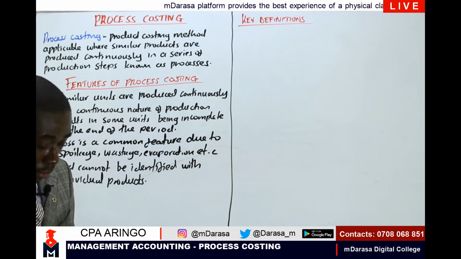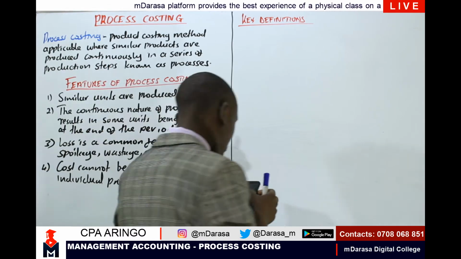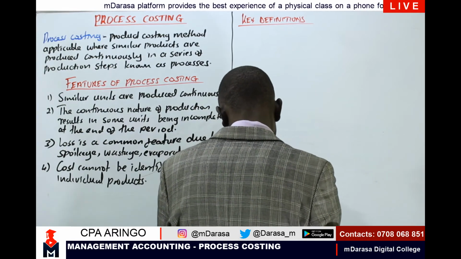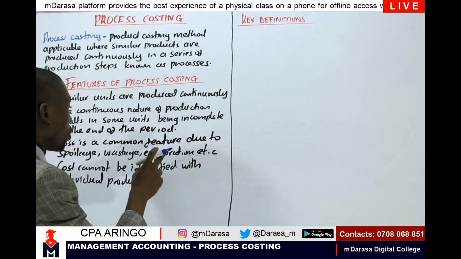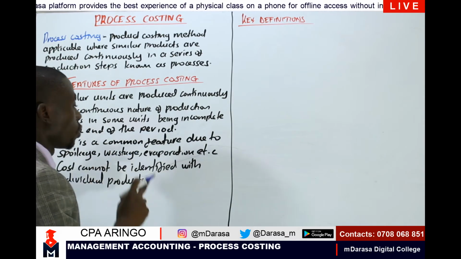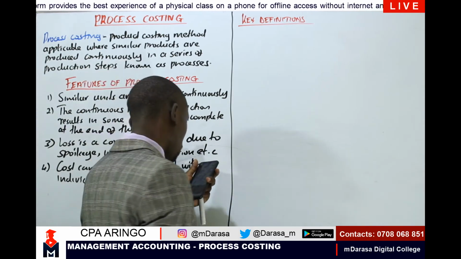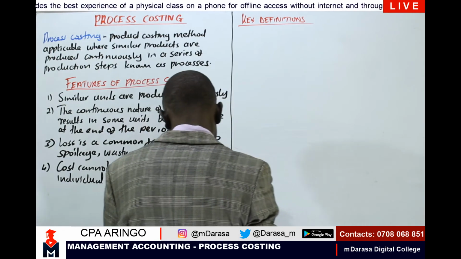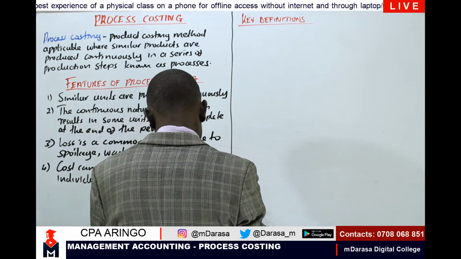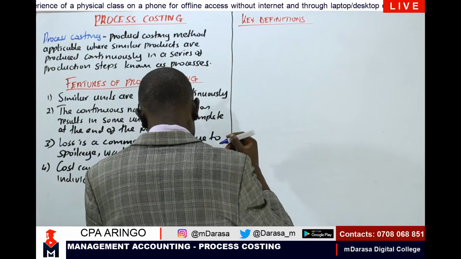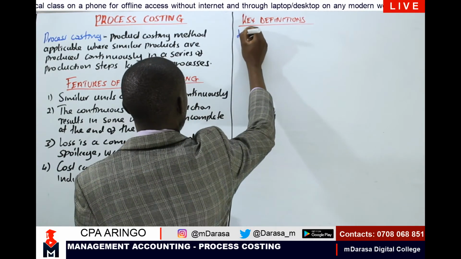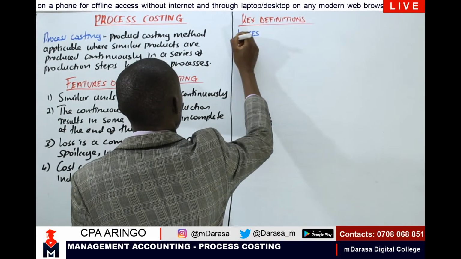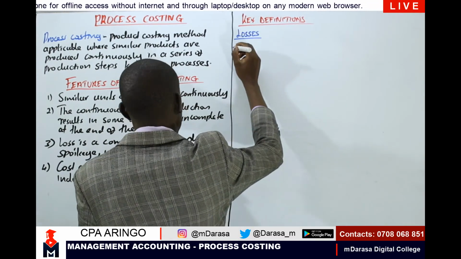So number one key definition, we can talk of the aspect of losses, because here loss is a common feature due to spoilage or wastage. Looking at our losses, we can talk of the first loss known as normal loss.